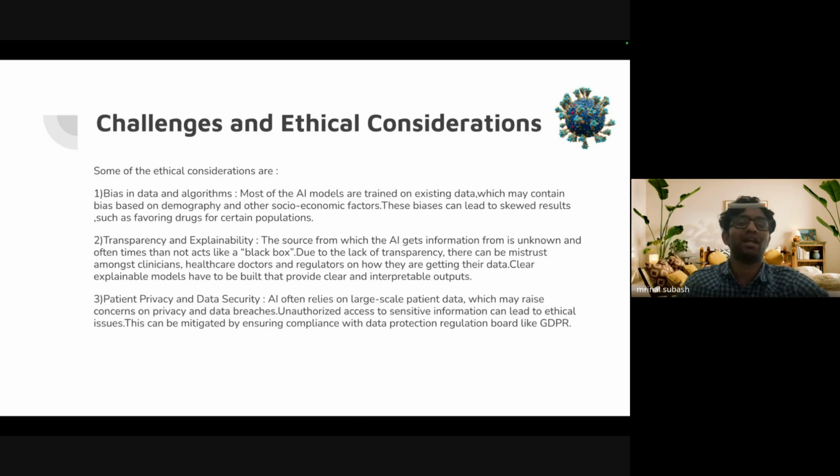There's a lack of transparency there, and not much explanation on how this AI has zeroed down on a certain chemical compound. So this can cause a lot of mistrust between clinicians and healthcare doctors.